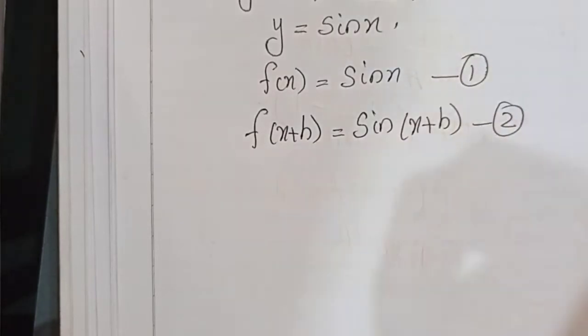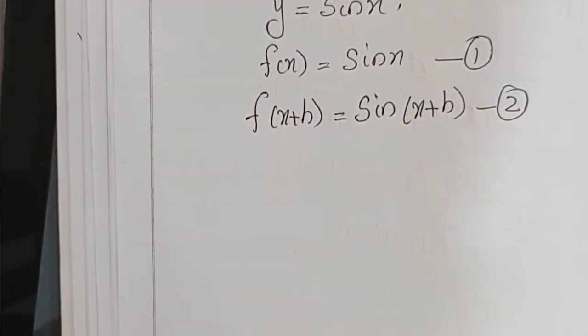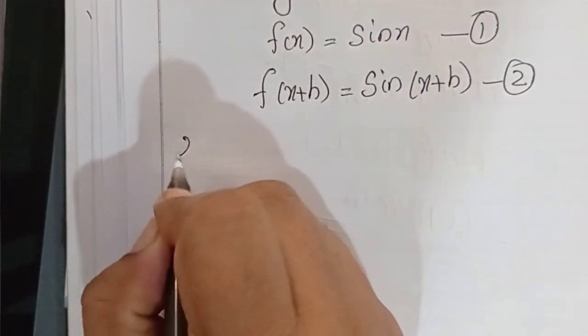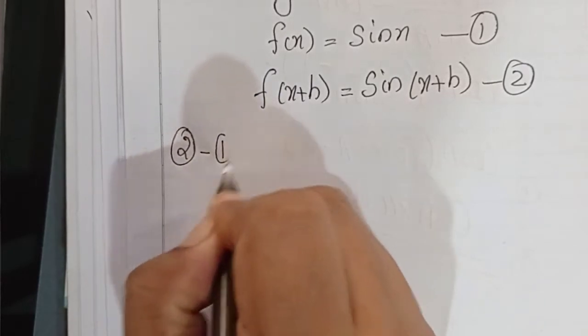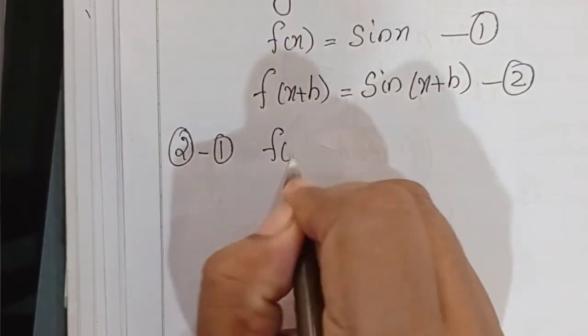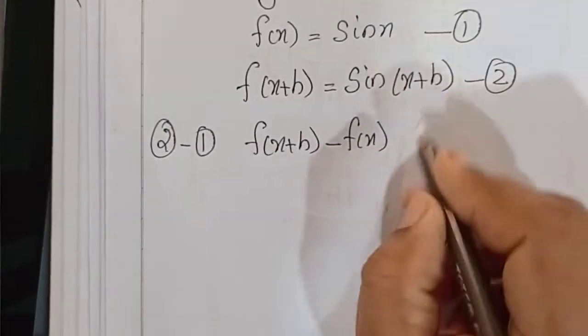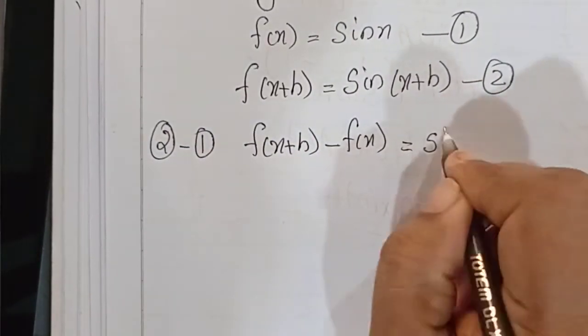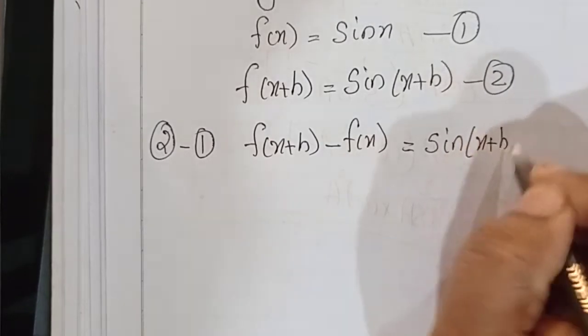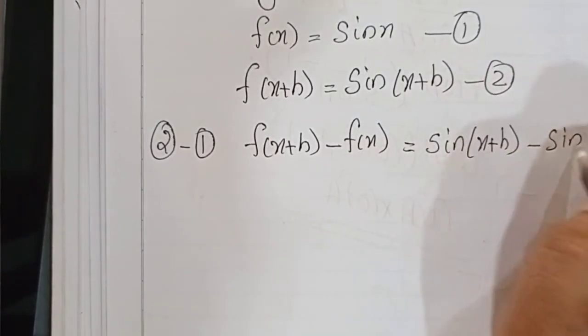Put 2. Then, what is the next step? Yes, equation 2 minus equation 1 gives f of x plus h minus f of x equal to sin of x plus h minus sin x.